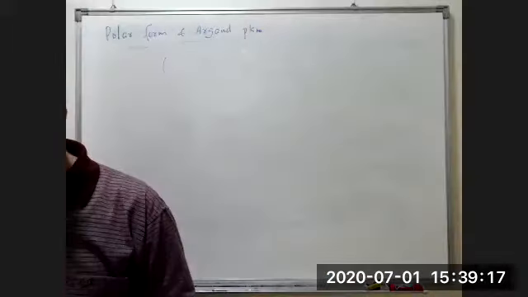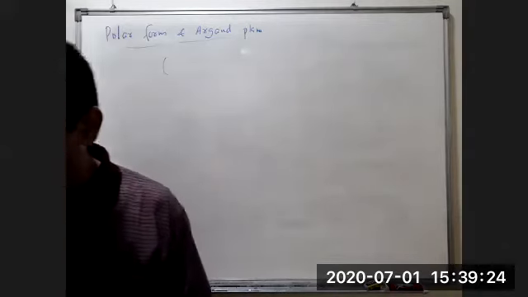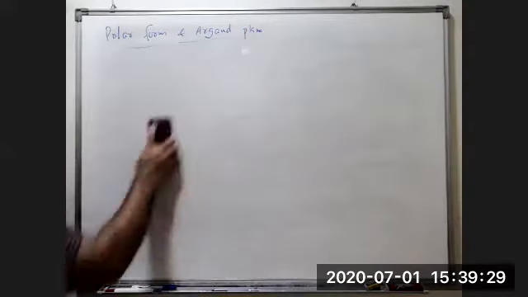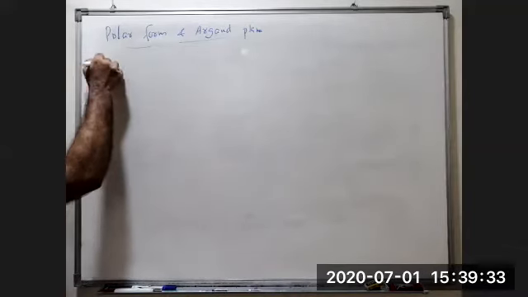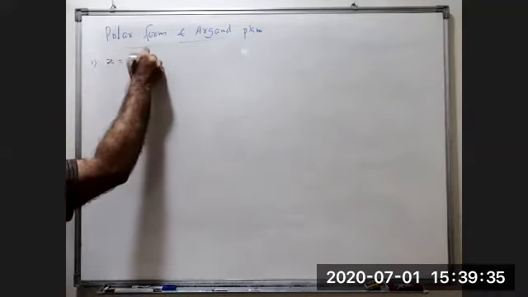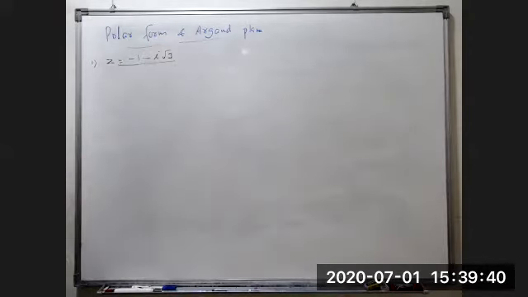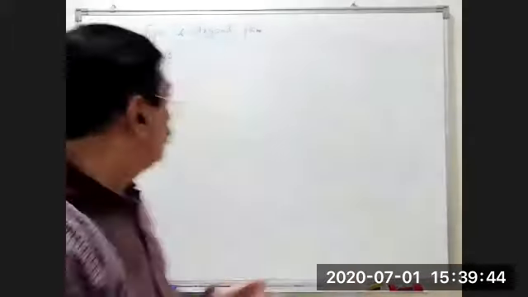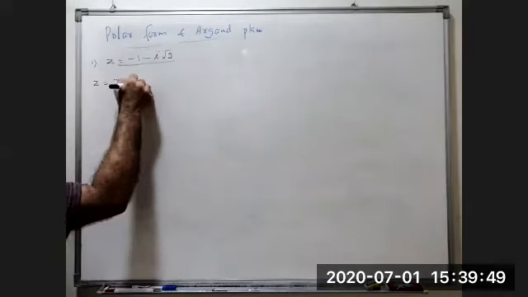Write this question, exercise 5.2. The first one, find the modulus and argument. First question, z is equal to minus 1 minus i root 3. Listen here. We have z is x plus iy.